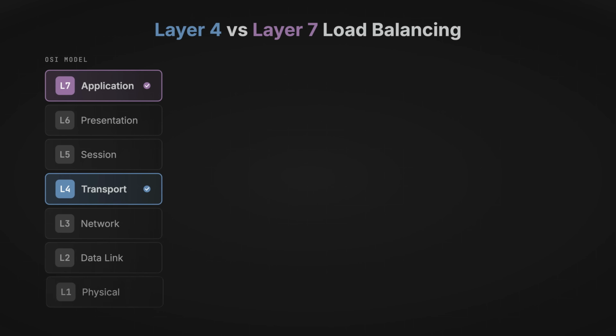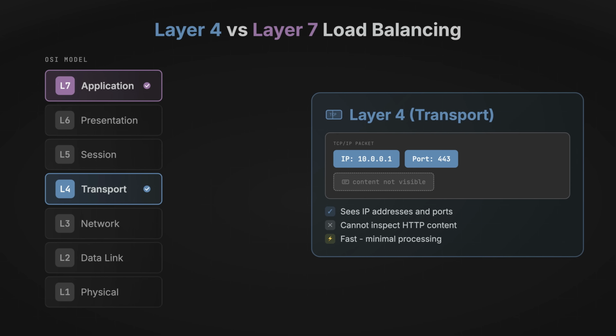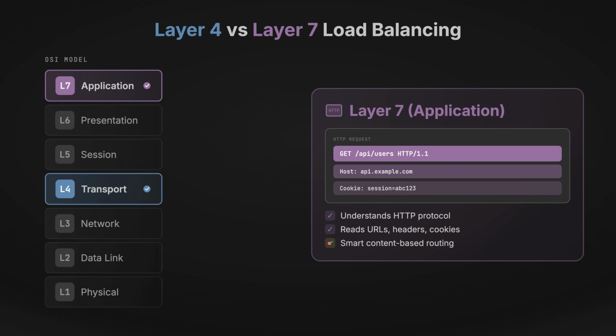Also, an important distinction: Layer 4 versus Layer 7 load balancing. Layer 4 operates at the TCP level. It sees IP addresses and ports, but doesn't inspect the actual HTTP content. Fast, but limited in routing intelligence. Layer 7 understands HTTP. It can read the URL path, headers, cookies, and route accordingly.